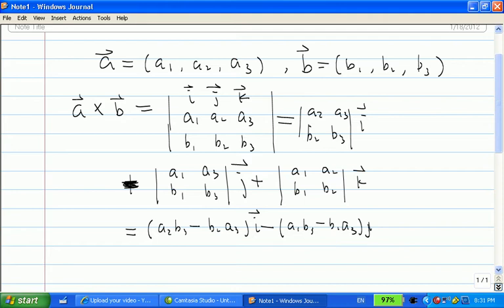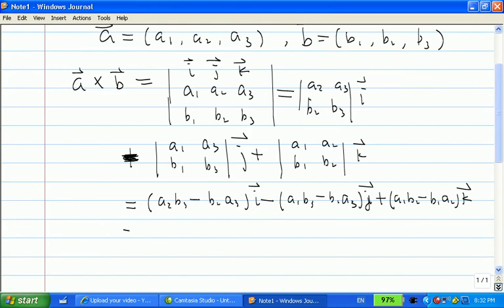This is the second component, the J. Then plus A1, B2 minus B1, A2. That's for the K.